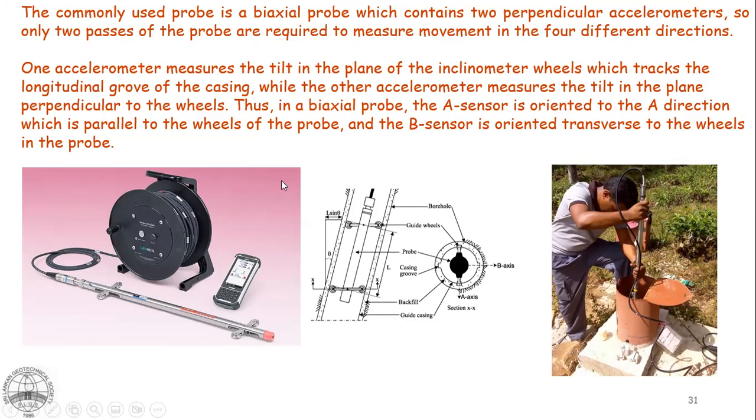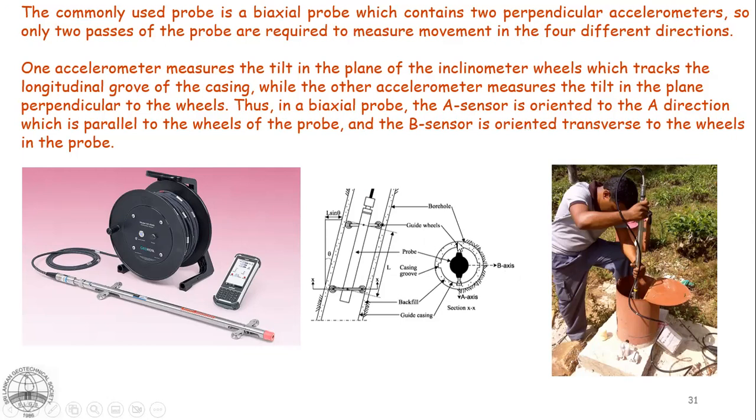In one lowering of the probe, it measures the tilt in the plane of the inclinometer wheels, which are in that direction, and also other accelerometer measures the tilt in the plane perpendicular to it, right? So with lowering of this in 2 different orientations, we get all the measurements necessary, right?